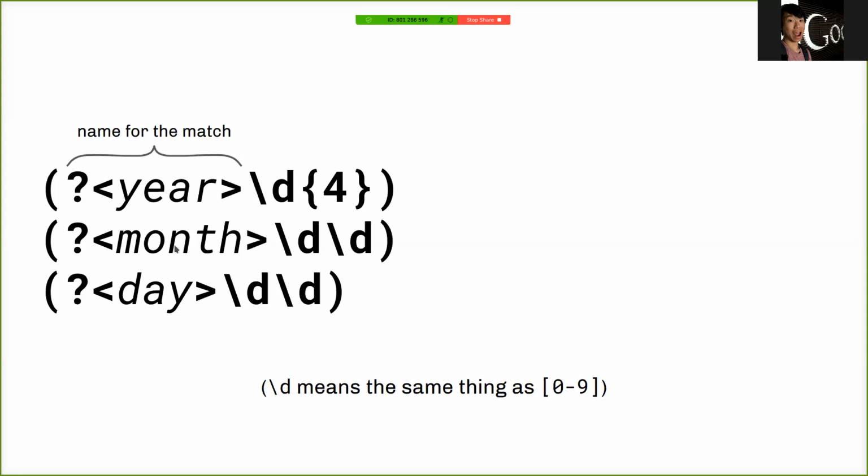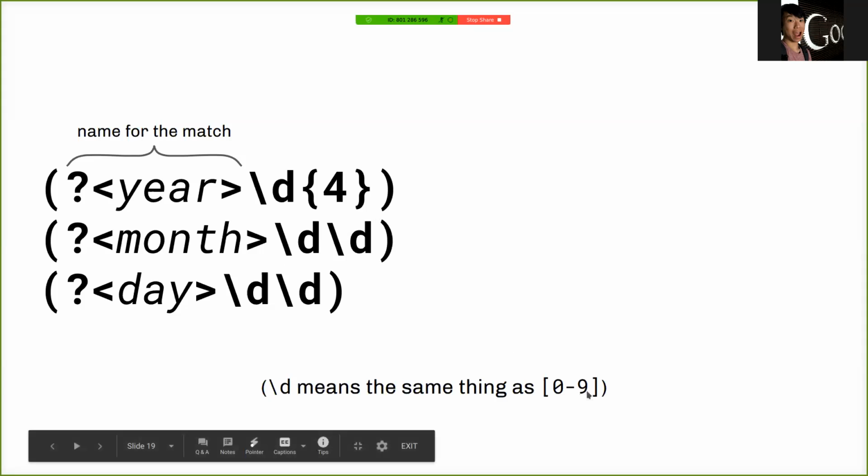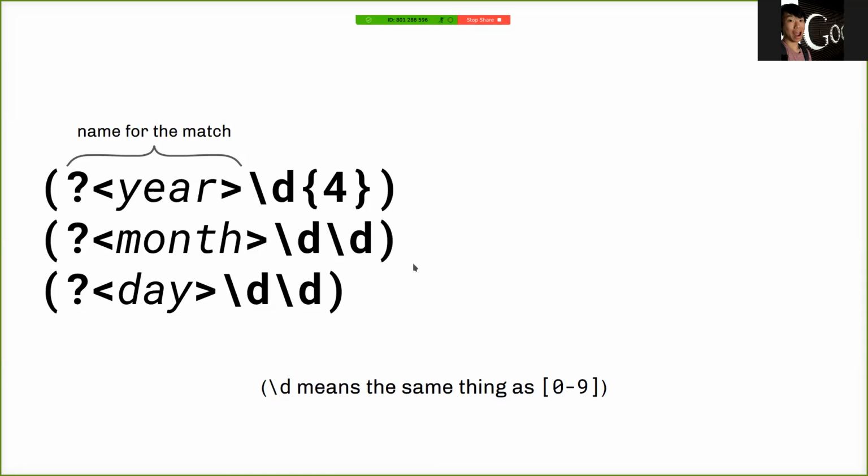We also have the month and day components, just listed out right here. We also replaced the 0-9 within brackets with this alternative representation, which is \d, which stands for digit. But in fact, these 2 things are completely equivalent, and I'm just going to use \d from now on, just because it's shorter to type. Okay, so first we see the year has 4 digits, the month has 2 digits, and the day has 2 digits.